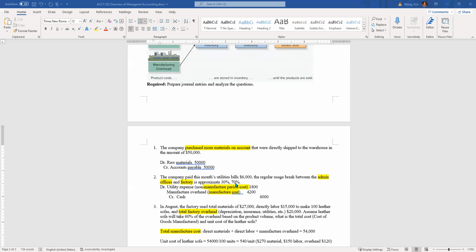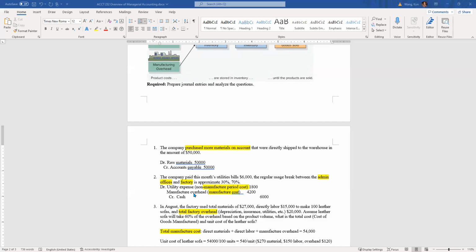But 70% of the factory utilities are related to making the sofas and other furniture. So they will be captured by another separate account we call manufacture overhead. So manufacture overhead is an expense or cost account, but it is not admin or sales related, it is a factory overhead.